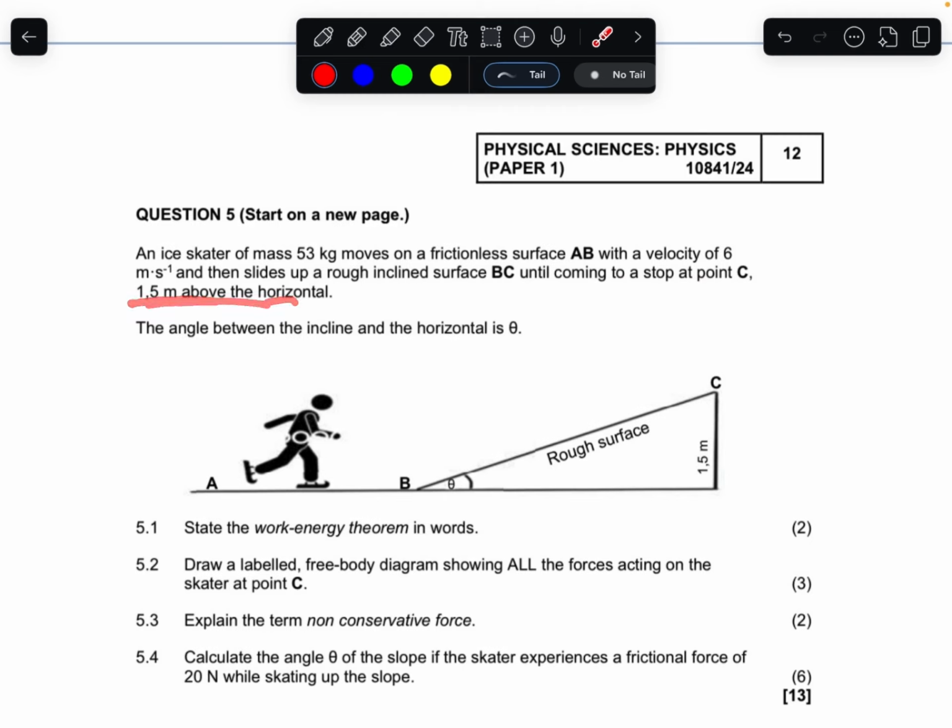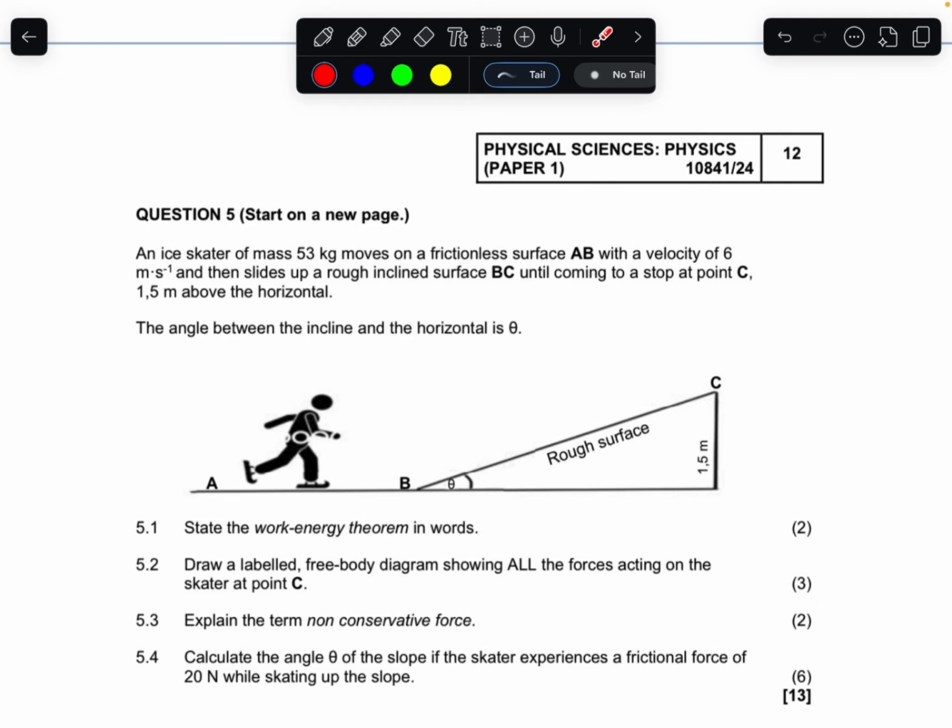It's 1 meter above, so this is the height that we're given there. It says the angle between the incline and the horizontal is theta. We're not given the angle, and we do not have the displacement either. Now 5.1 says state the work energy theorem in words. Guys, it's very important to use the exam guideline.